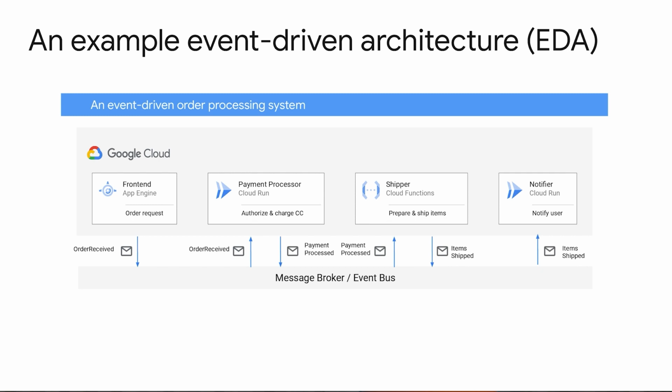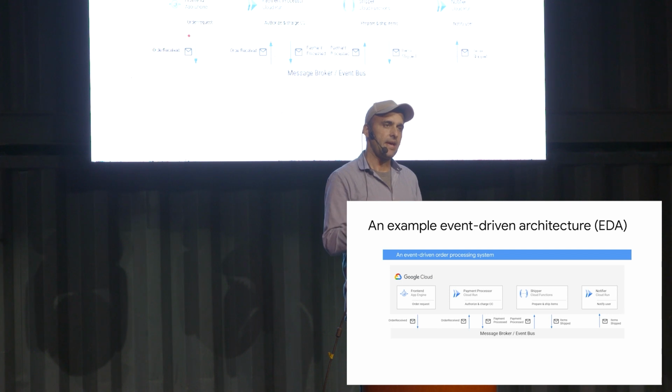And in this event-driven architecture, each service receives an event and acts on it. They do something, and then at the end they send another event saying, okay, I'm finished with what I needed to do.